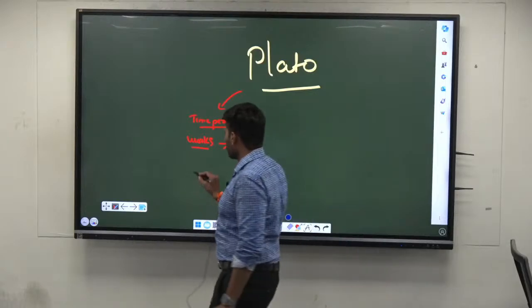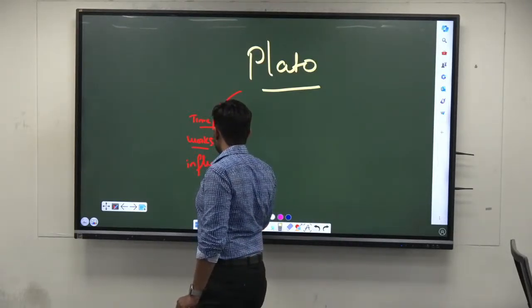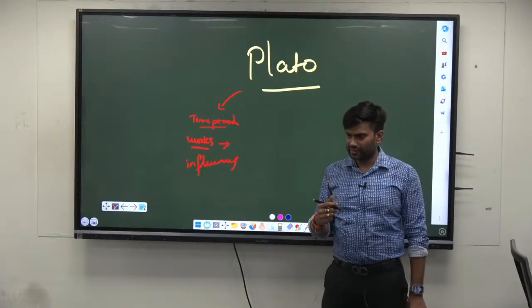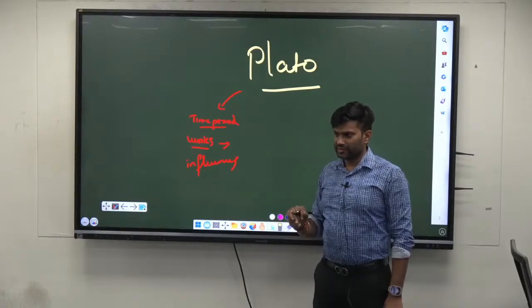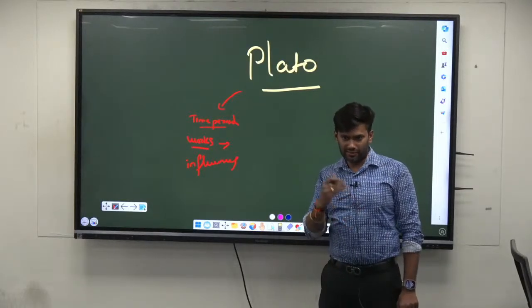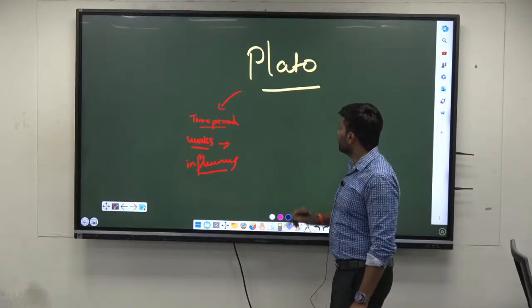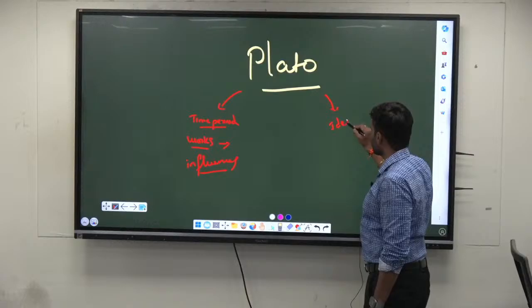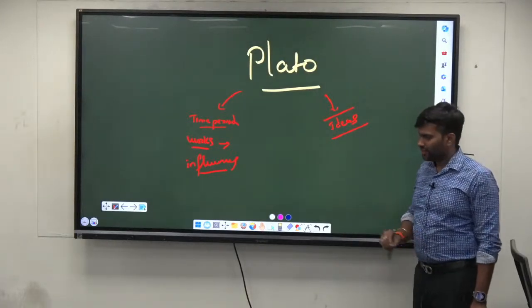Then we have to know about their influences. As Laski said, every political thinker is a child of his times. There might be conditions that influenced him, there might be readings he has read that influenced him. We have to see what their influences are. Then we go into the important ideas they have presented.